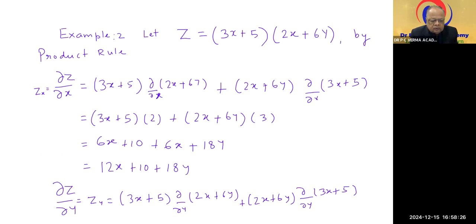Then differentiate the first one, 2x and 6y. 6y will be only 6, y will be 1. In the next page, we will show it.